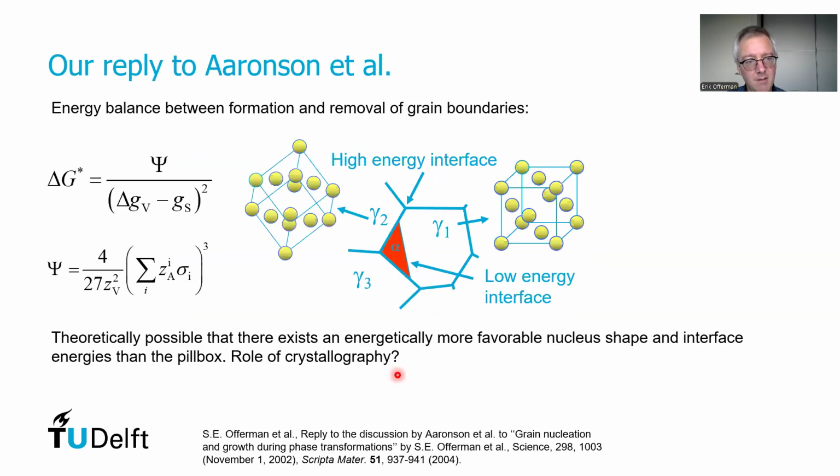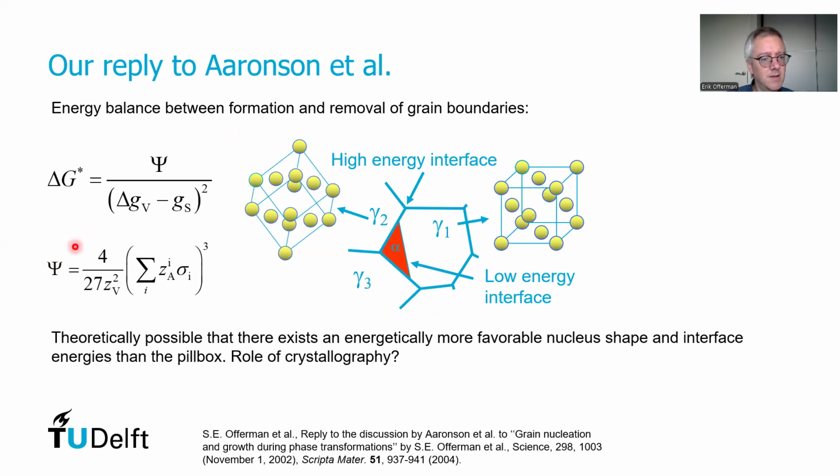And yeah, the reply we had to this statement basically was that we think that there is maybe another geometry of the critical nucleus that could result in a lower psi value as we observed from our measurements. So in fact, that stimulated me in the discussion to look more into it.